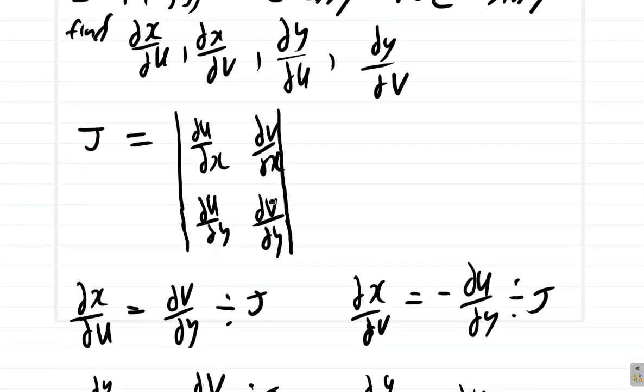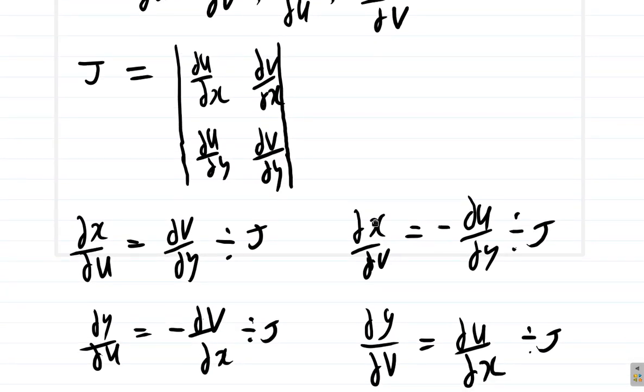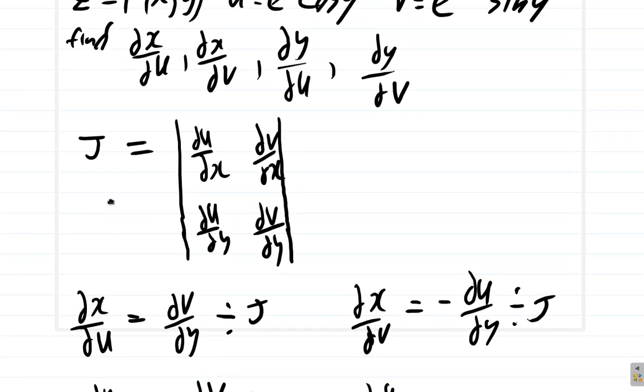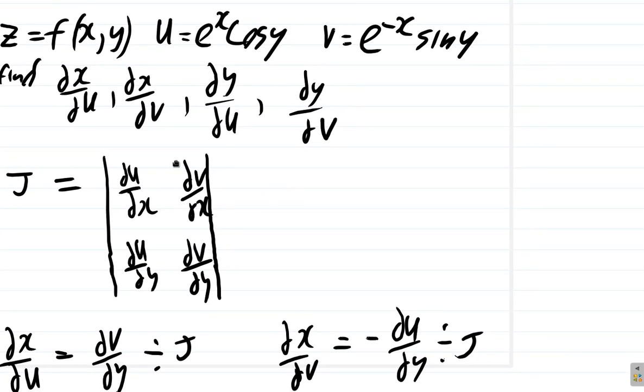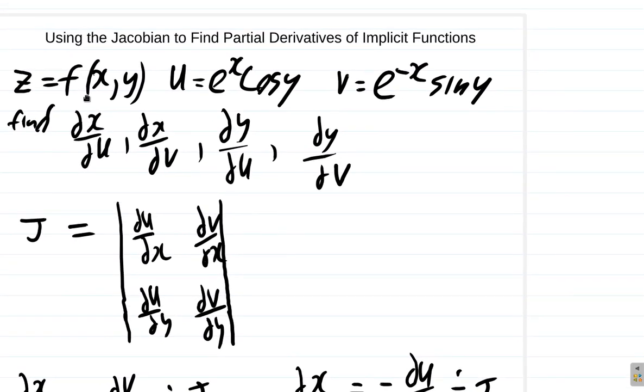Now, given these formulas, you would be able to find these derivatives in a much shorter time than you did earlier. Now, here, you're given these two functions, u and v.